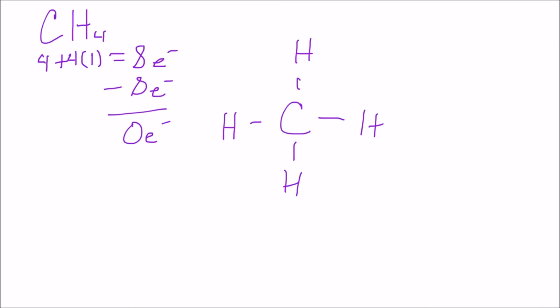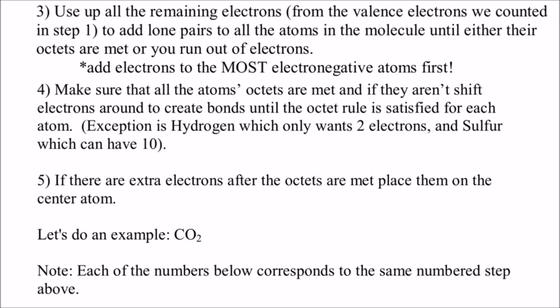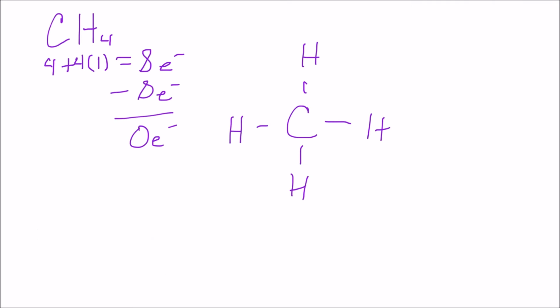The octet rule has been met. Okay, last step. If there are extra electrons after all the octets are met, then you're going to place them on the center atom. We didn't have any extra electrons at all, so that means that this is the final Lewis structure for methane. And we know that to be true because that's the same structure that we saw earlier in this video.